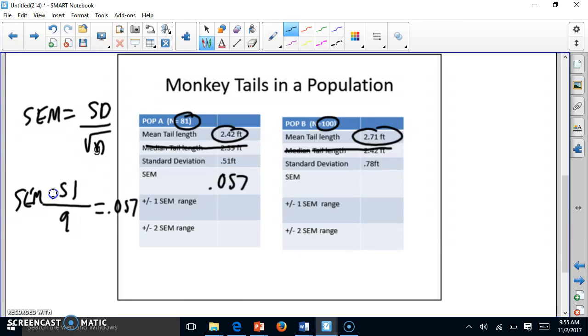Now we need to calculate the SEM range for plus or minus 1 standard error of the mean and plus or minus 2 standard errors of the mean. What does that mean? I'm going to do these calculations on a clean page, but you can do them on here if you have space.